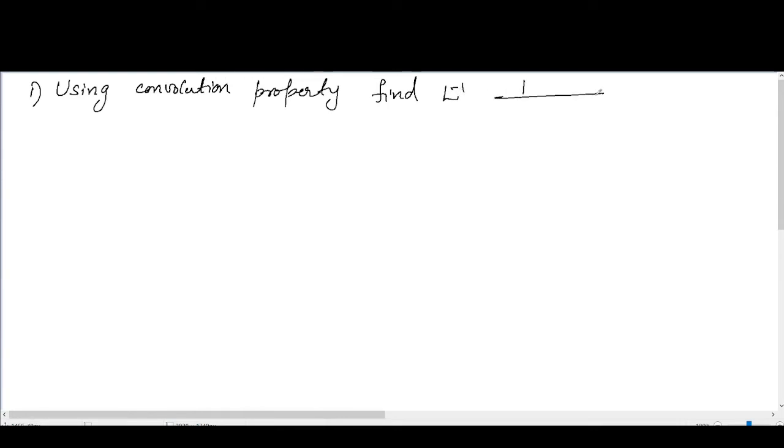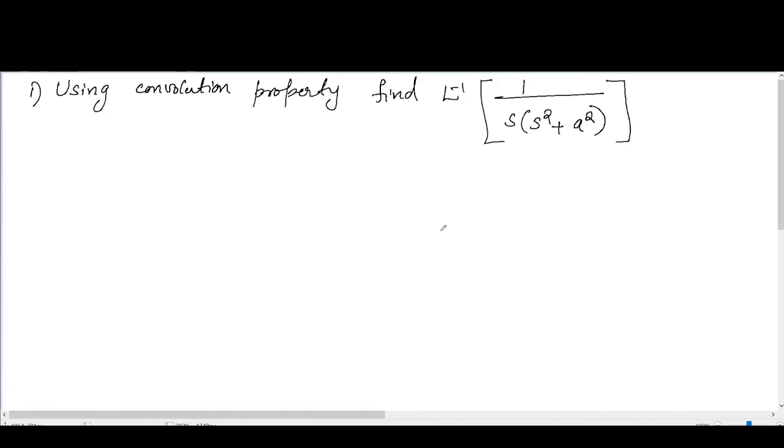So, the first question is, using the convolution property, find the inverse Laplace transform of 1 by s into (s square plus a square). Here it is of the form L inverse of F(s) into G(s).